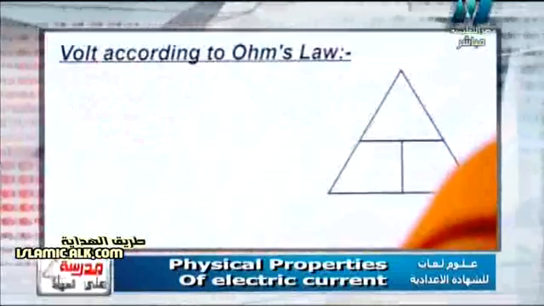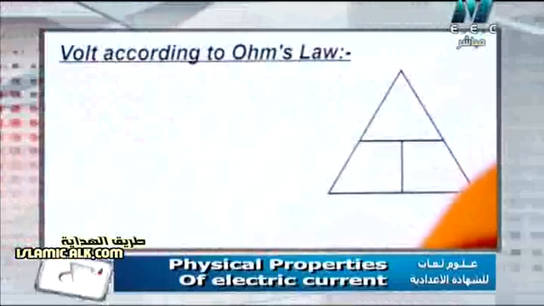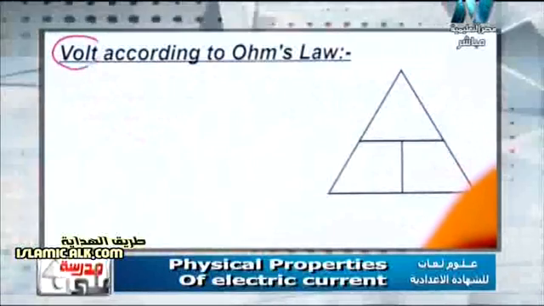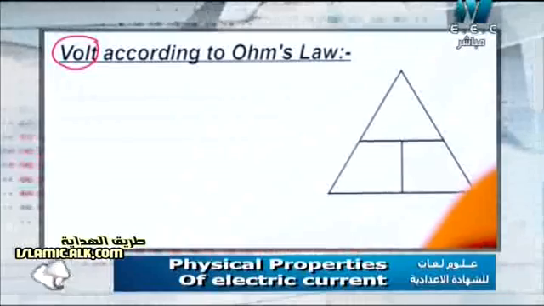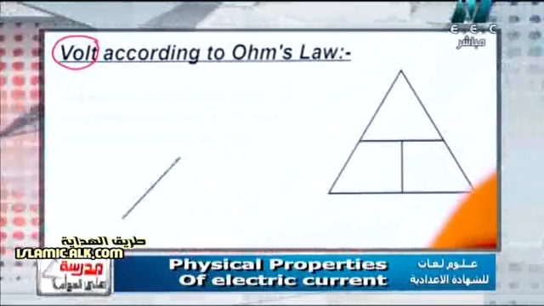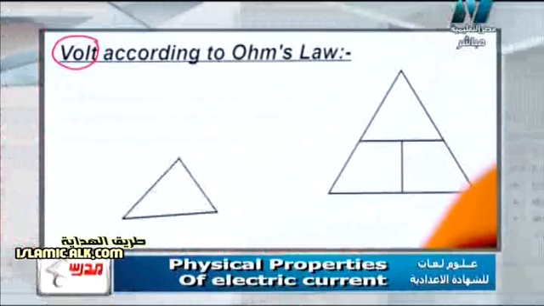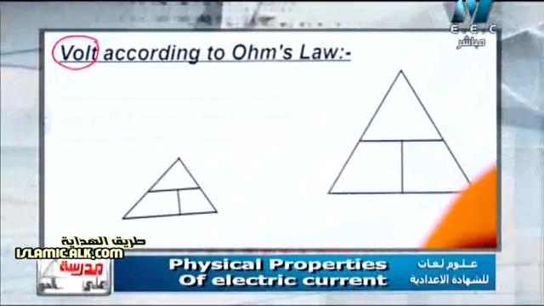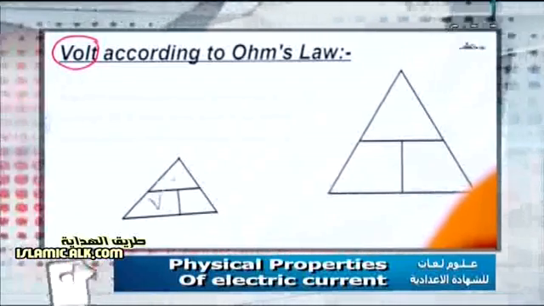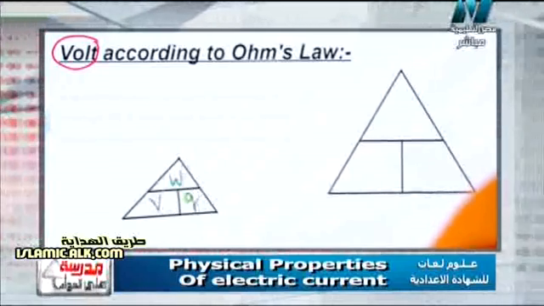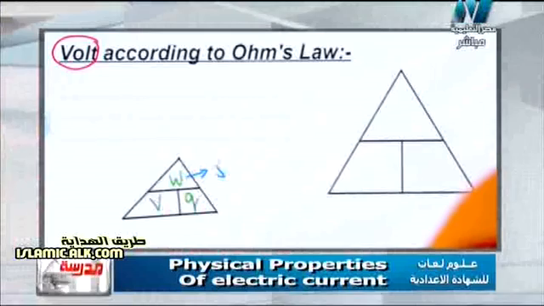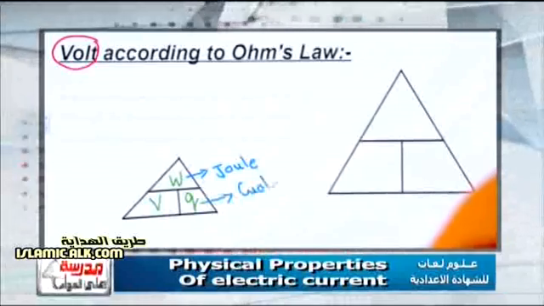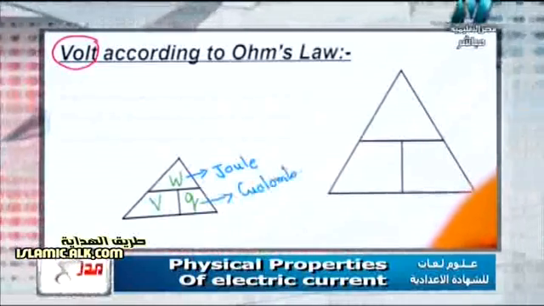We have to know volt according to Ohm's law. Last time we talked about volt from the magic triangle. If we talk about volt, we know V equals W over Q. The measuring unit of work is joule, the measuring unit of quantity is coulomb, and the measuring unit of potential difference is volt.